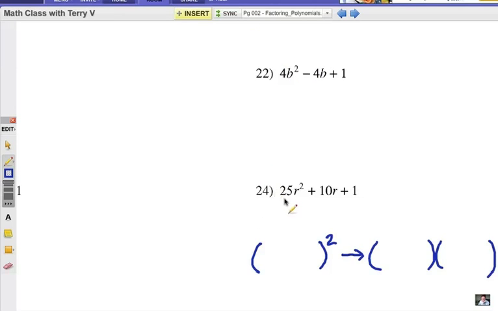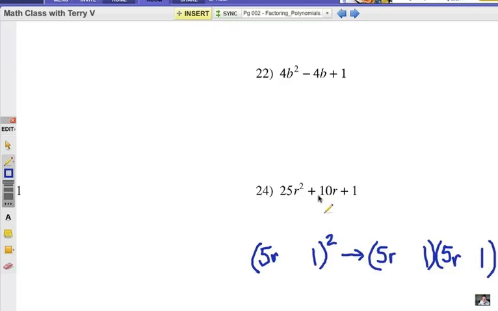On number 24, recognize the pattern that the first and the third term are perfect square amounts, and for the middle term, do a little check here: half of that is 5r, and that is supposed to be the product of what we put inside here. So let's check it out. 25r squared is what we get when we do 5r times 5r. And 1 is, of course, 1 times 1.